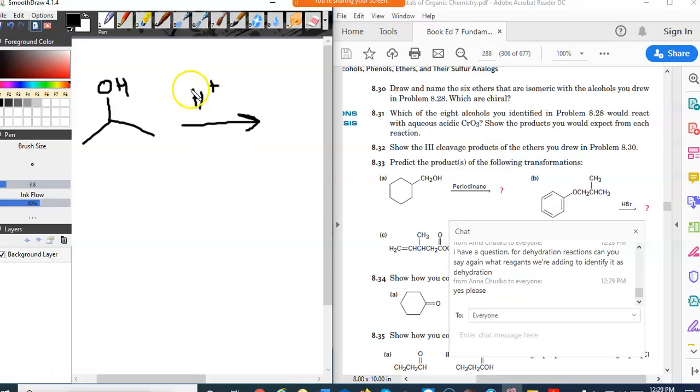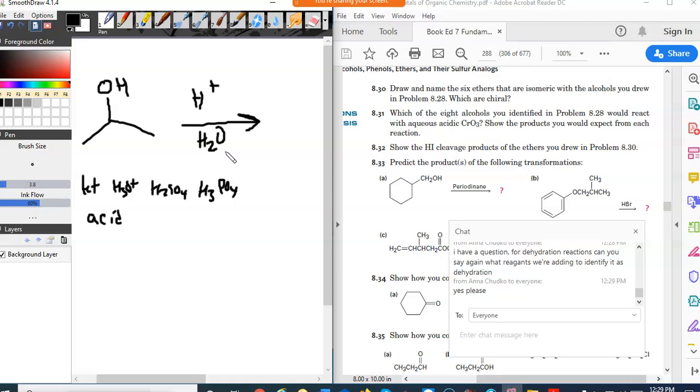Remember we said there's lots of ways to show acid: either as H+, or H3O+, or H2SO4, or H3PO4, or just saying the word acid. These all mean the same thing. I like to just put H+ because it's easier to go through a mechanism. But remember, anytime you have H+, you also have water.